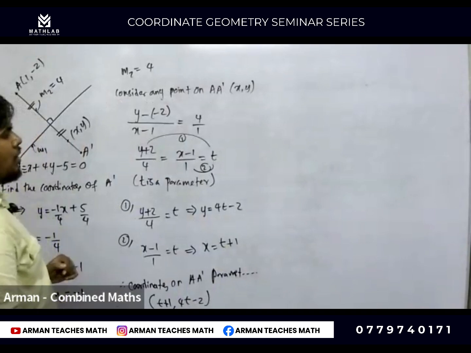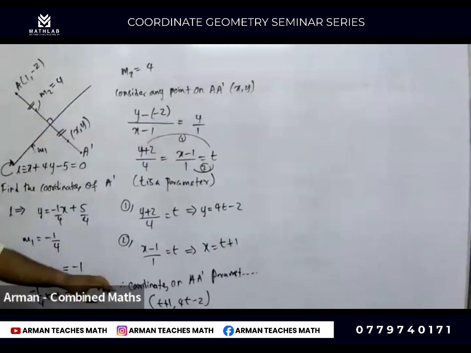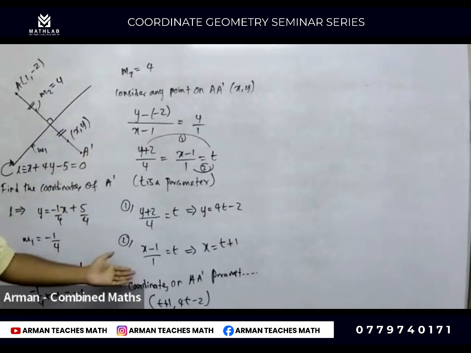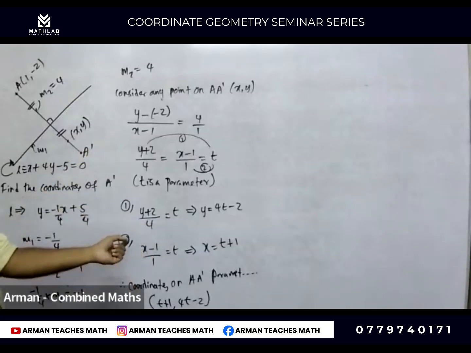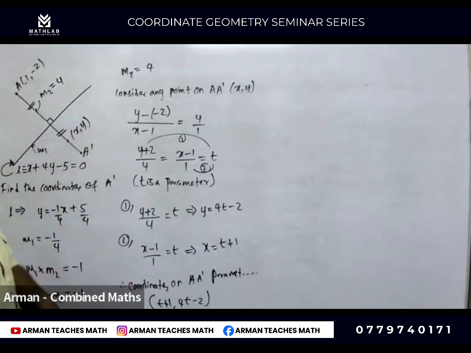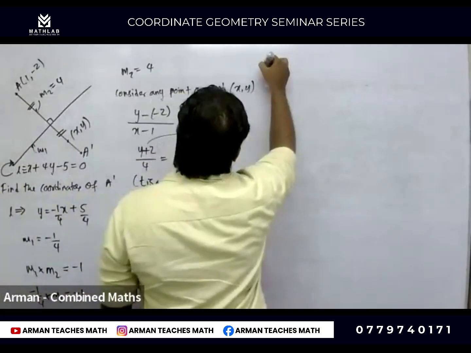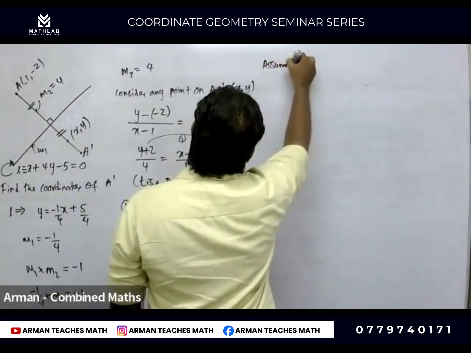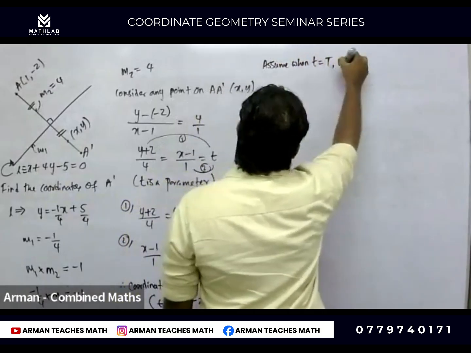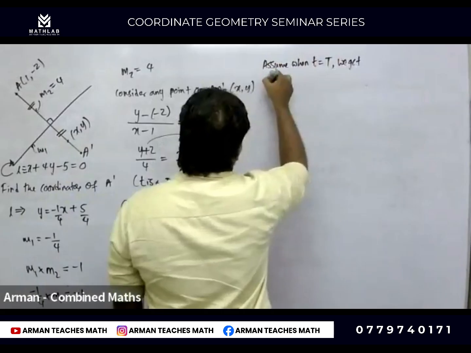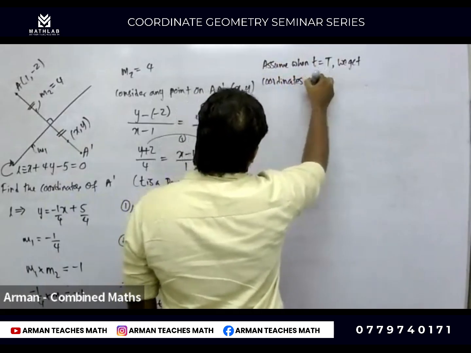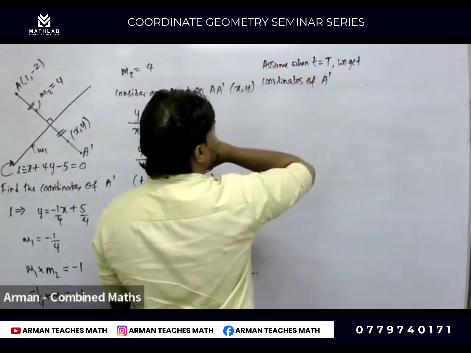Now, we assume that when t equals capital T, we get the coordinates of A dash point, because t can be any value. T getting a specific value gives you A dash. That specific value we don't know, we'll take it as capital T. Assume when t equals capital T, we get coordinates of A dash.